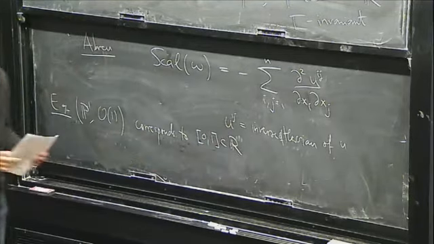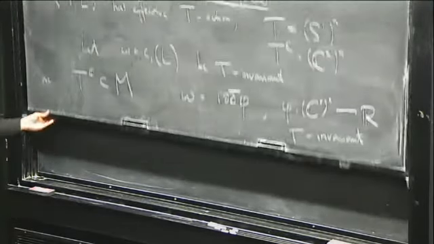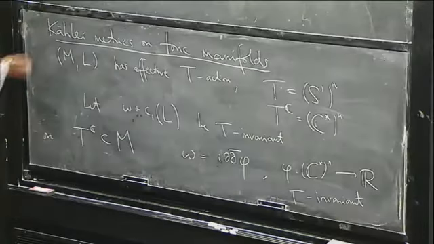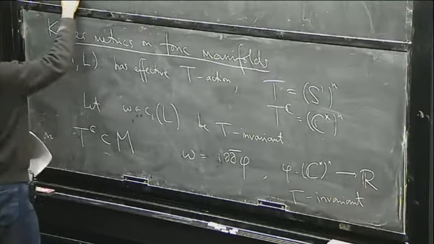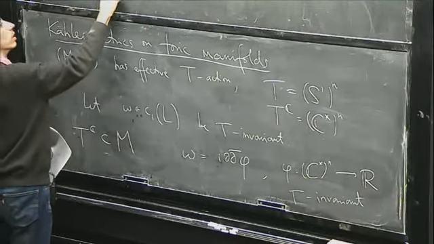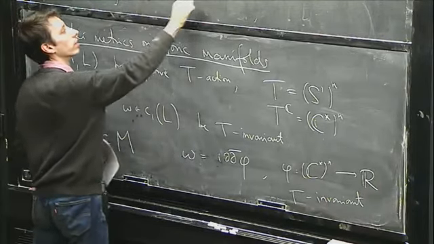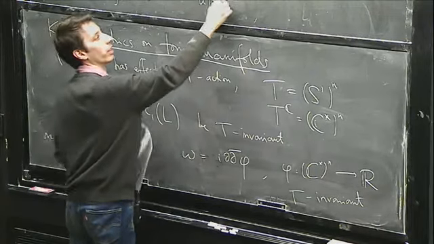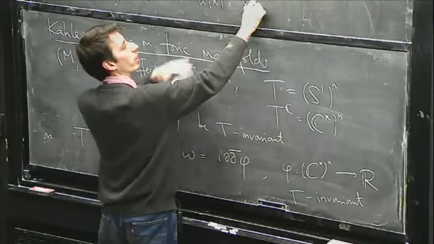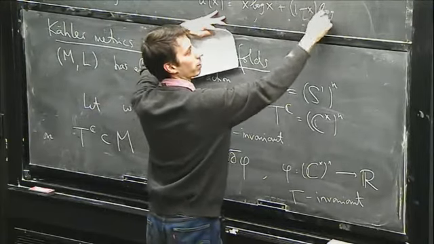So the corresponding polytope will be the unit interval. And then you can write down the Fubini-Study metric in a simple way. So the u'(x) will just be x log x plus (1 minus x) log(1 minus x).